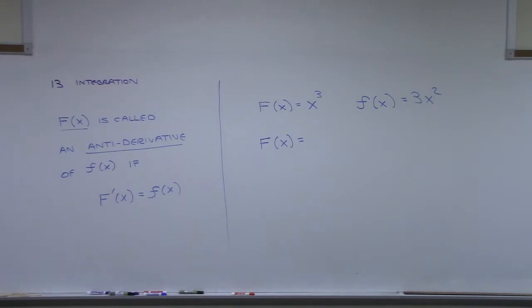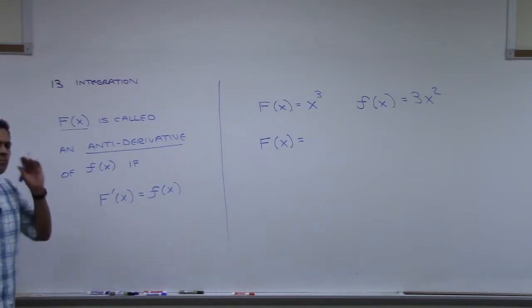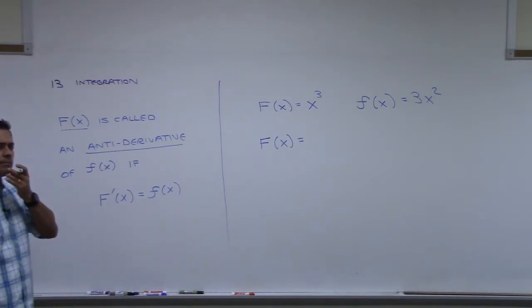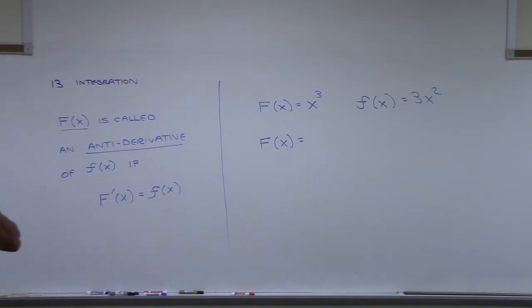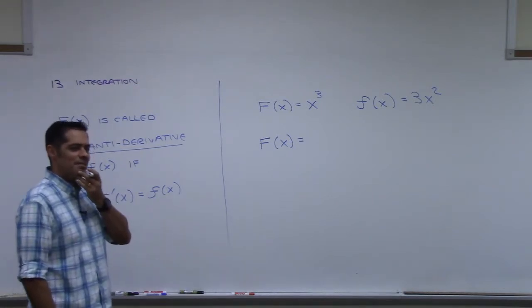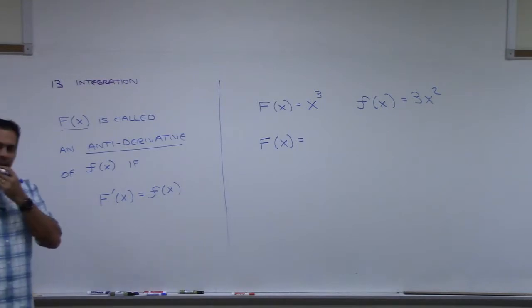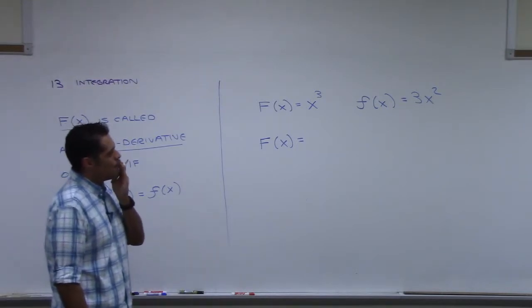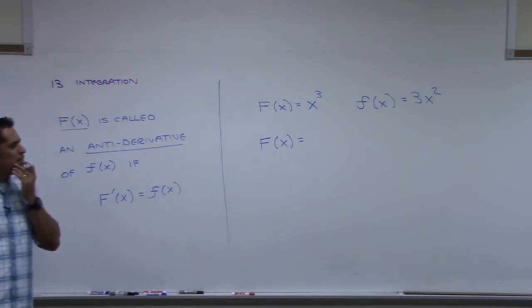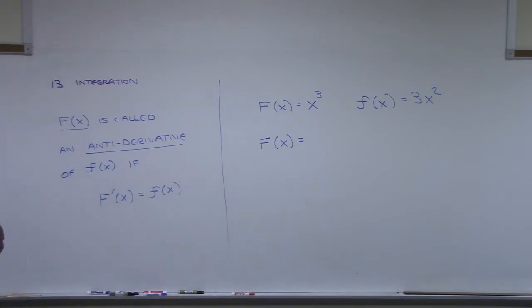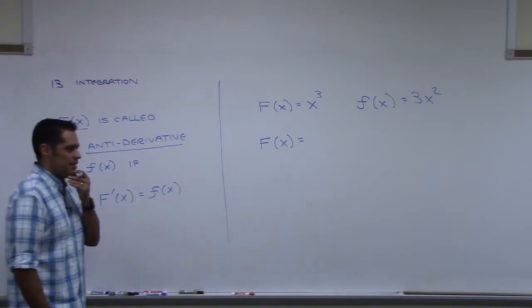Three. 2x to the third square? No. I don't know, I can't think of it. Wouldn't it be like 3 over x and then? I think you're trying to make it harder than it has to be.